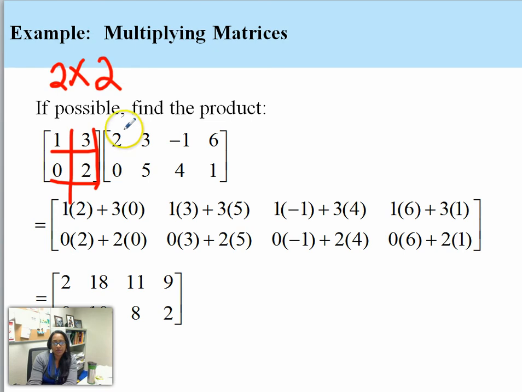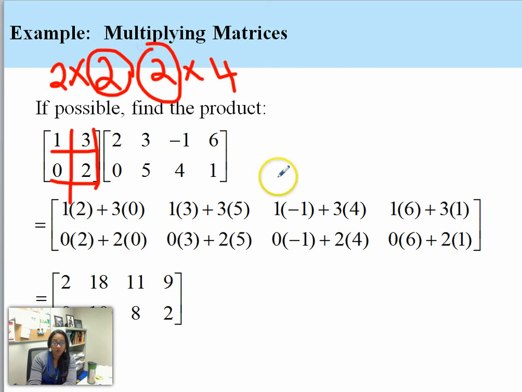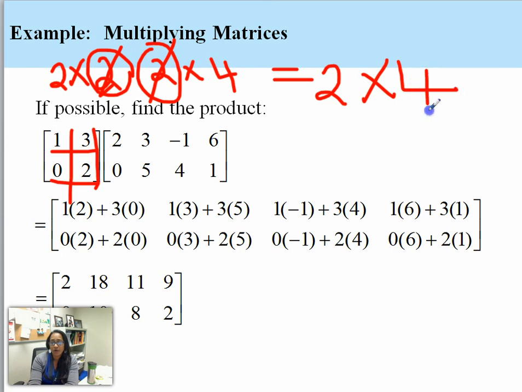And this is a 2 by 1, 2, 3, 4. So it's a 2 by 4 matrix. So the columns of the first one are equal to the rows of the second one. So I can go ahead and multiply these matrices. But what do I get? These two cancel out. My final matrix will be 2 cross 4.